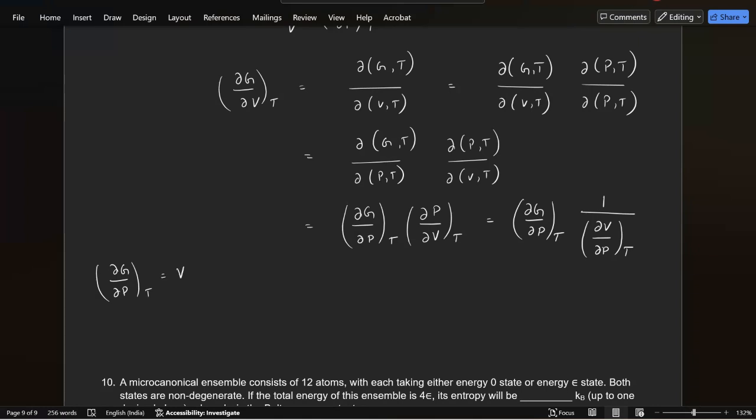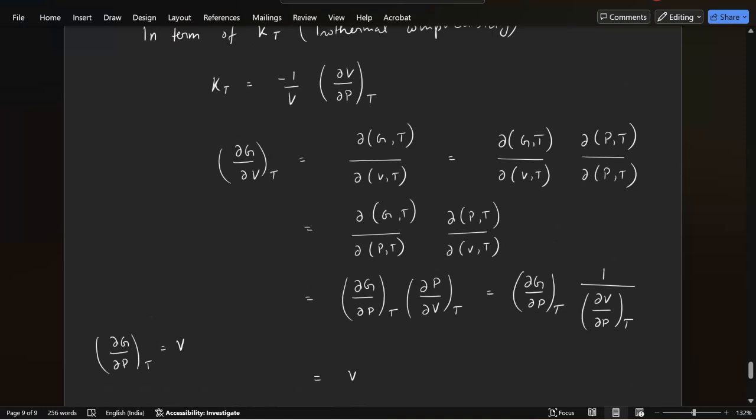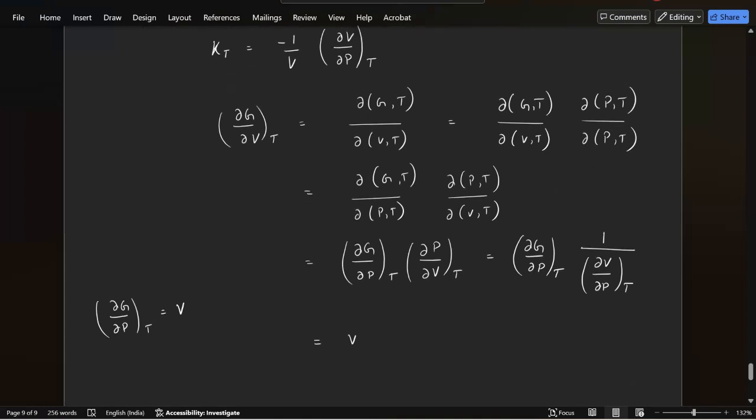So we'll have volume here. Then we have del V by del P, which is basically equal to minus kappa T V, and it's in the denominator. So it's going to be 1 by minus kappa T V.